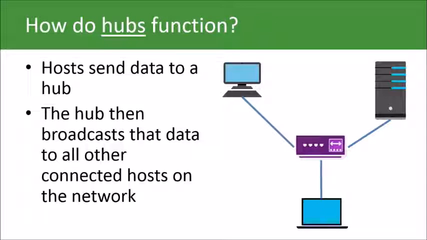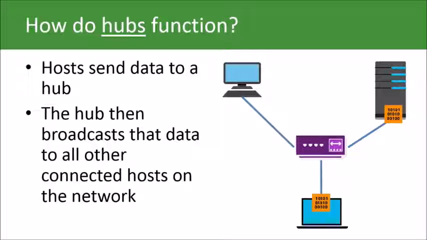Hosts send data to a hub, and then a hub broadcasts that data to any other device that's connected to it. This is sort of an antiquated technology. It's old and becoming more and more obsolete, if it isn't entirely obsolete already in most parts of the world.